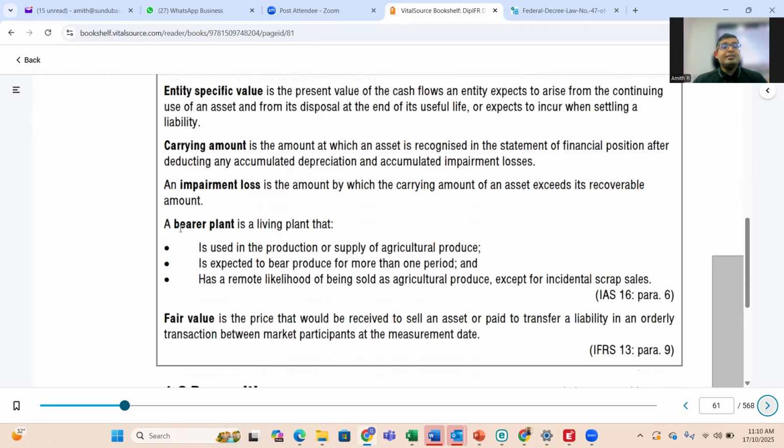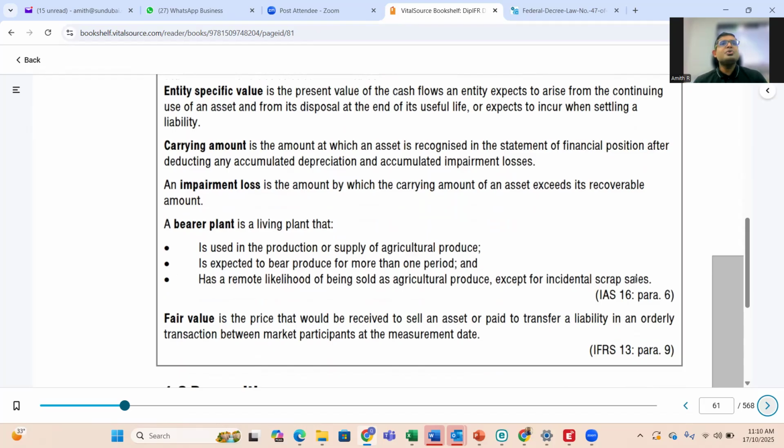And for a bearer plant, they have given another definition as per IAS 16, paragraph 6. A bearer plant is a living plant that is used in the production or supply of agricultural produce, is expected to bear produce for more than one period, and has a remote likelihood of being sold as agricultural produce except for incidental scrap sales.